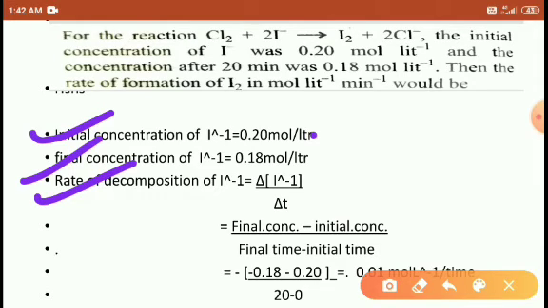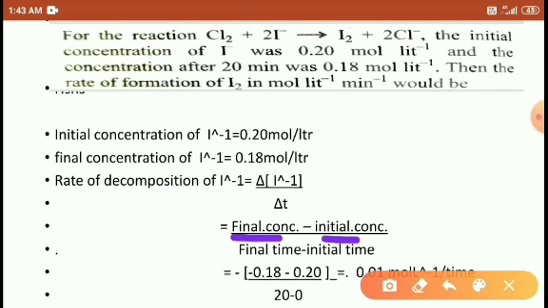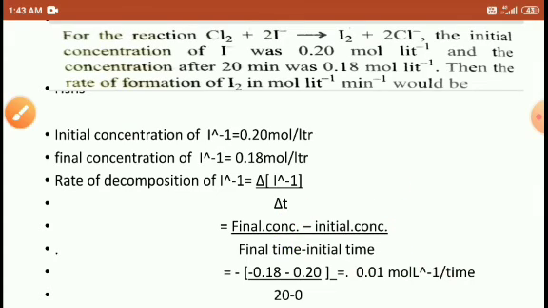The rate of decomposition of I minus means dissociation. So it is the change in concentration of I minus with respect to time. This one will be written as the final concentration of I minus minus the initial concentration of I minus, right students? And the final time minus initial time.